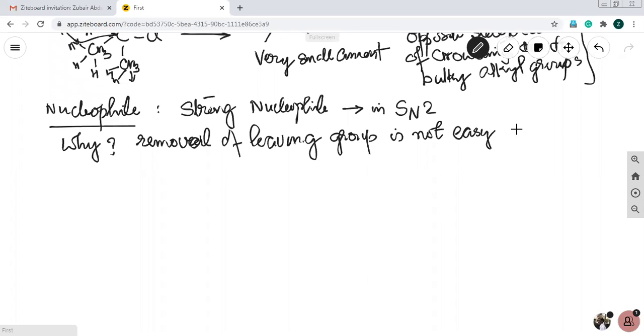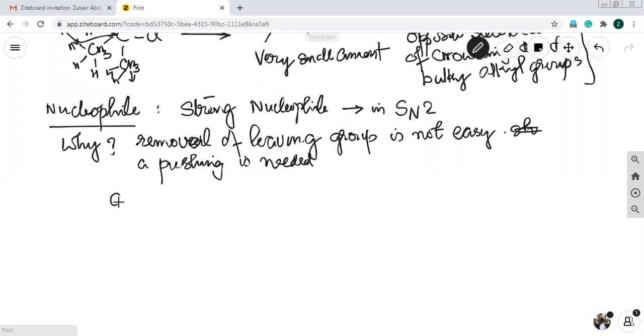A strong nucleophile has to push it. A pushing is required from the backside. Now remember, why is the leaving group not leaving fast?